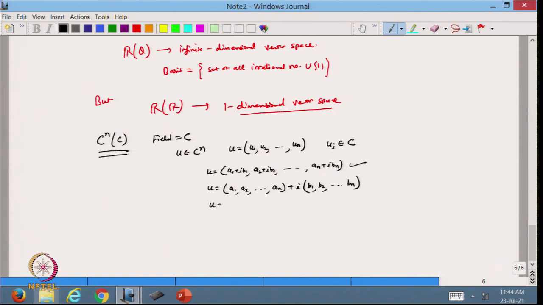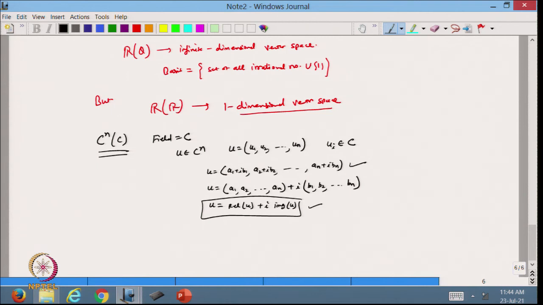So, any vector u can be written as, this is the real component of the vector u. So, this is equal to the real part of u plus i times the imaginary part of u. So, I can define any vector from Cn in this way.